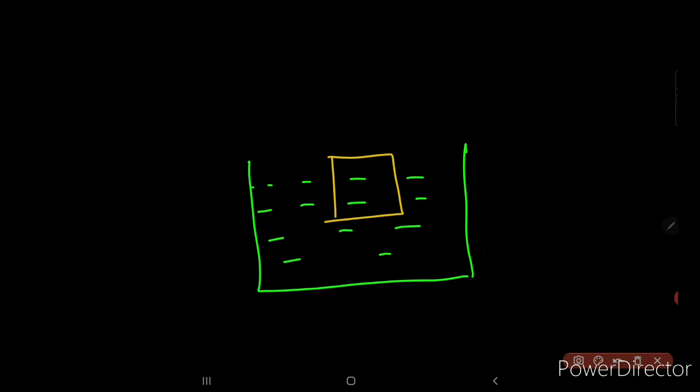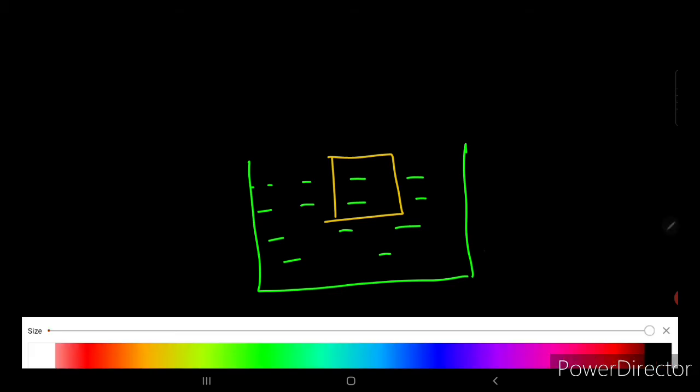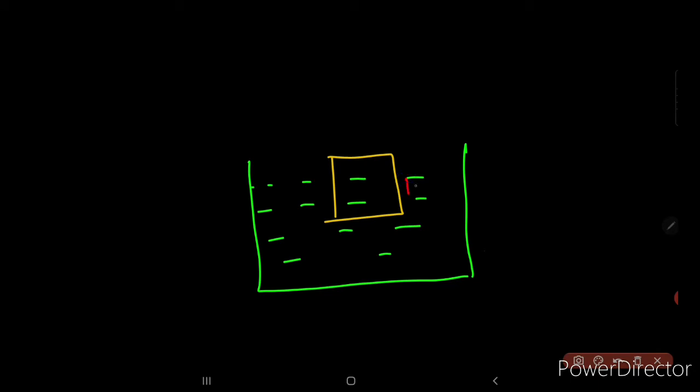The block is a cube whose all sides are equal. So all the sides are 10 centimeter. They are asking us what portion of the block is outside the surface of water while floating.